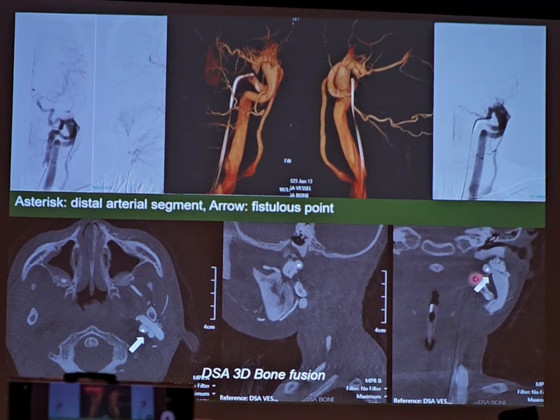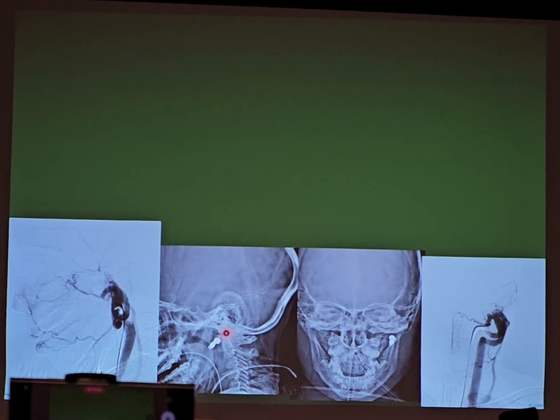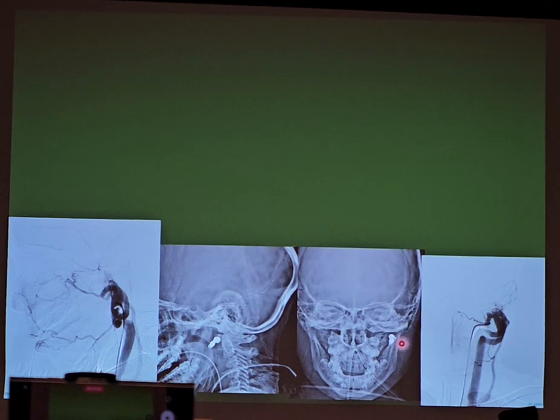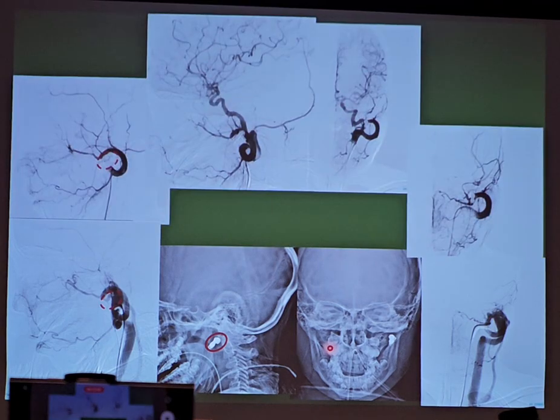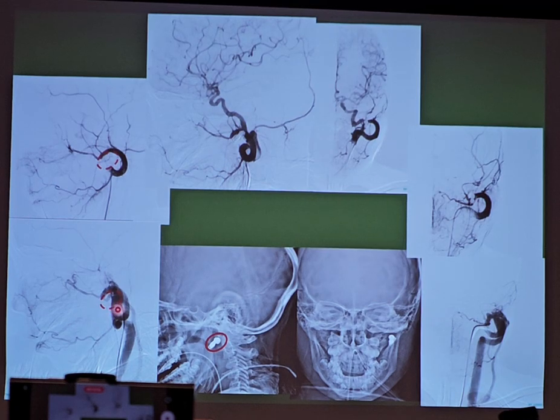The asterisk here points to the last point of the artery connected to the veins. It is much easier now: if you are very accurate in localizing the junction between artery and veins, only a few coils put exactly at the junction over there can treat the patient nicely.